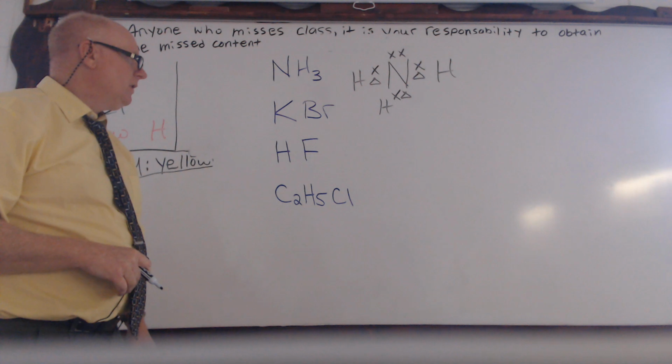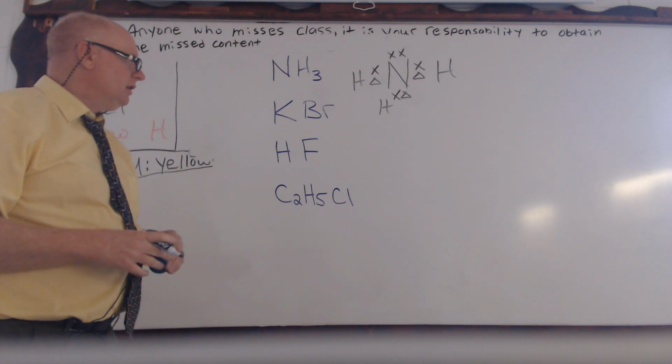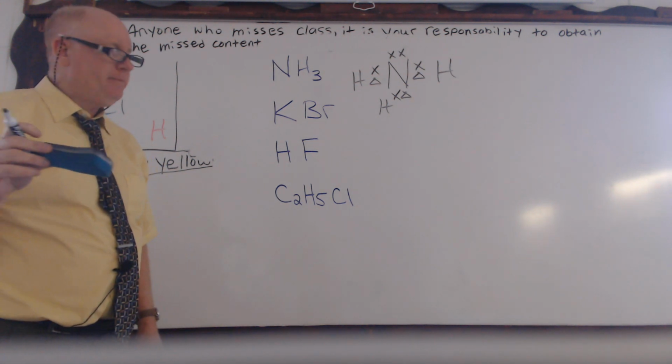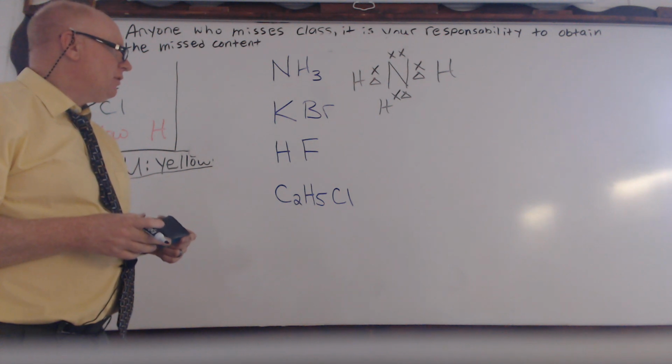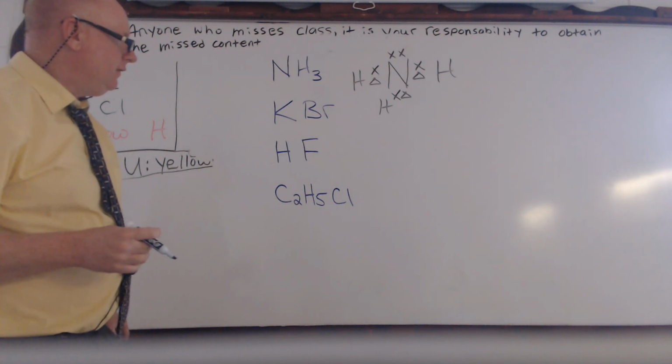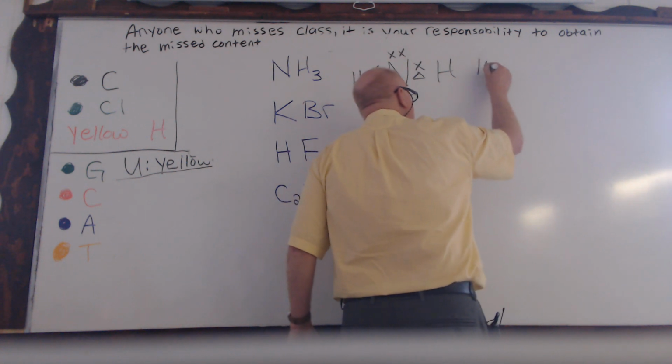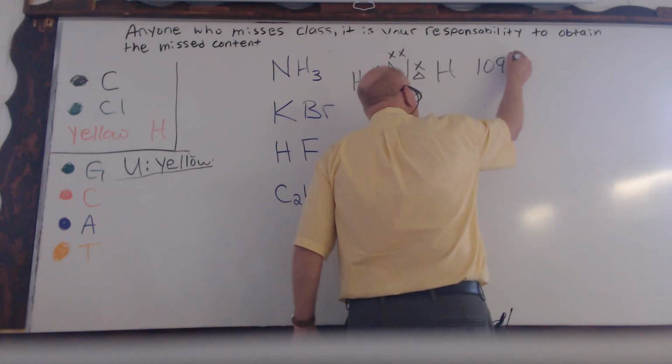One of the things that you'll probably be responsible for in college when you take this is knowing the geometry behind it. And that geometry, I believe, is at 109 degrees.